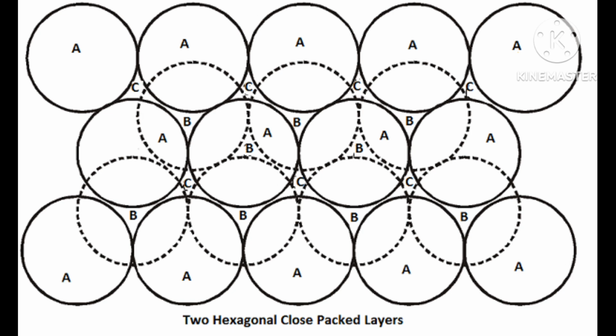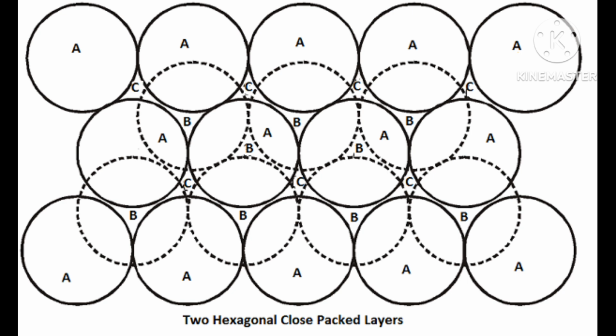Whenever a sphere of the second layer is above the void of the first layer, also called vice versa, a tetrahedral void is formed.